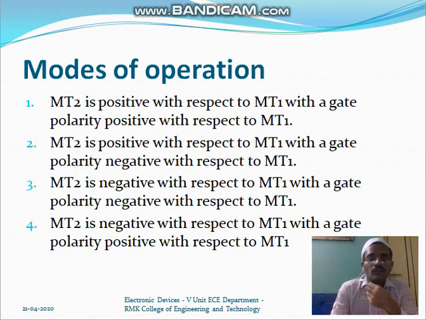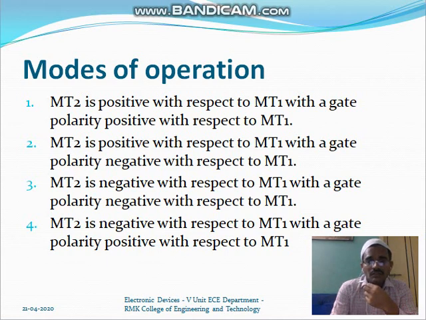That means a potential is applied between the gate terminal and MT1, where the gate is given the positive terminal of the battery and the negative terminal is connected to MT1. Similarly, in the second mode MT2 is positive with respect to MT1, the same as the first mode, only the difference is the gate is negative.